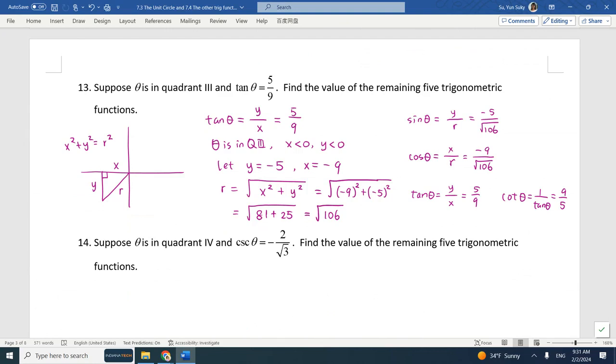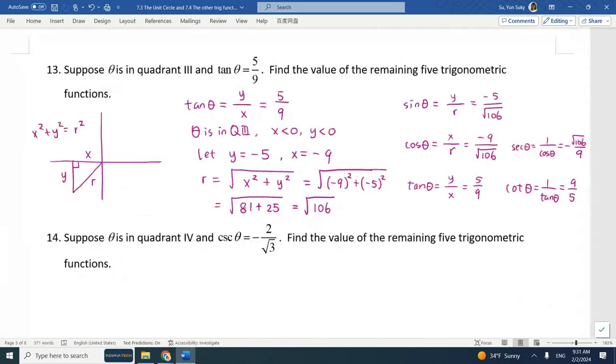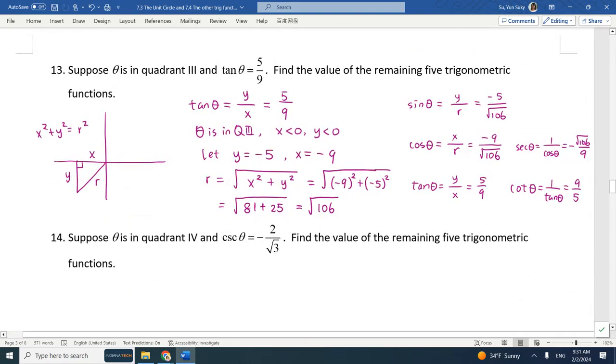Secant theta. Secant theta is 1 over cosine. What's the reciprocal of that? Negative square root of 106 over 9. Sorry, I ran out of space. I hope you have enough space. Who's next?